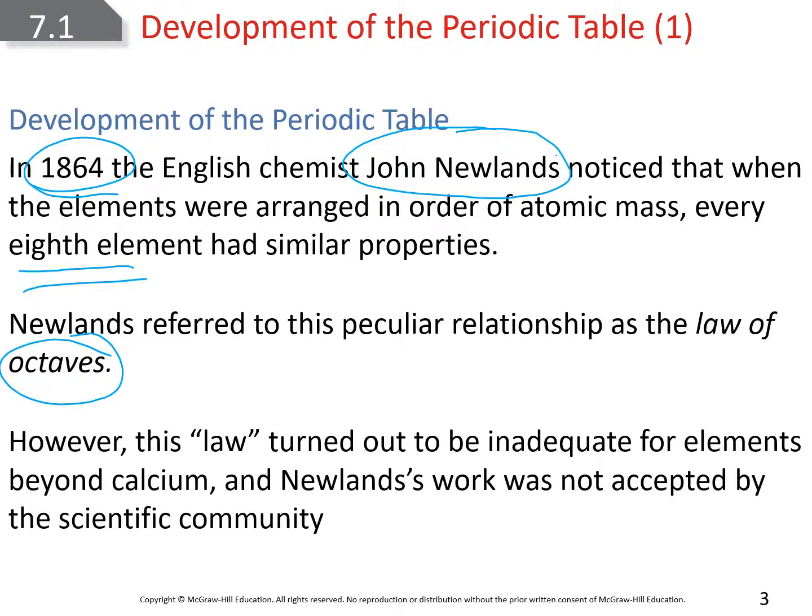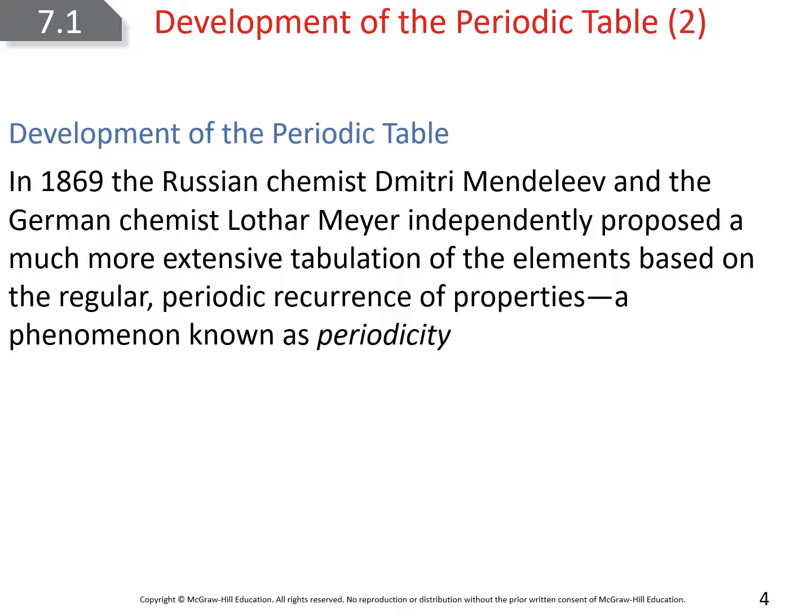The problem is this didn't really work for anything past the second period in the periodic table, meaning calcium, because other things were going on with elements that hadn't even been discovered yet. But again, at the time, it's the only elements we really knew. So a couple years later, Dmitri Mendeleev came in and said, you know what?